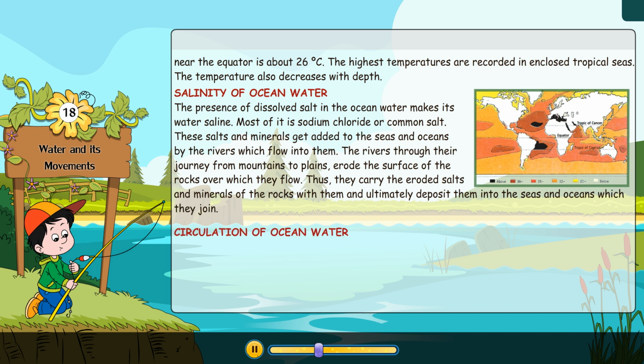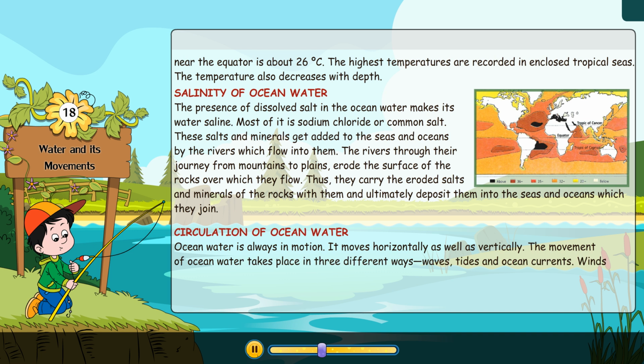Circulation of ocean water. Ocean water is always in motion. It moves horizontally as well as vertically. The movement of ocean water takes place in 3 different ways: waves, tides, and ocean currents.